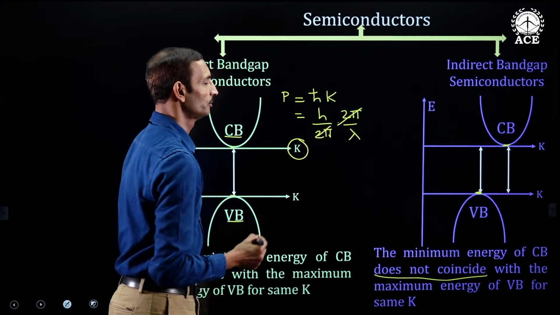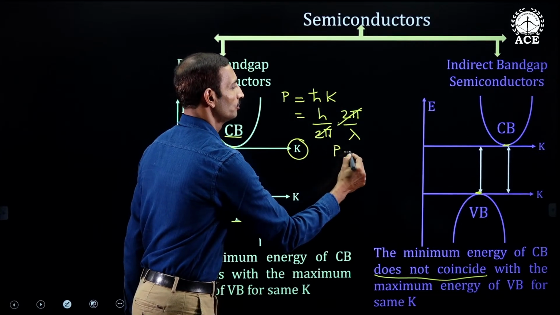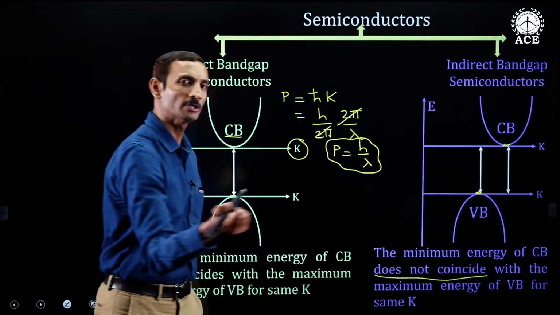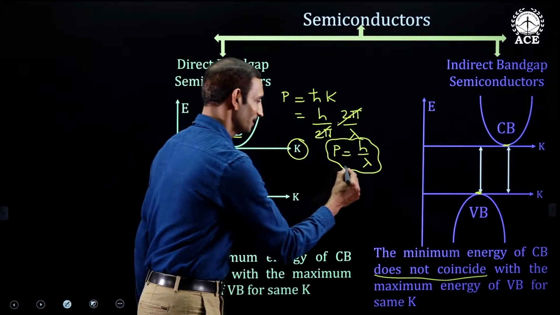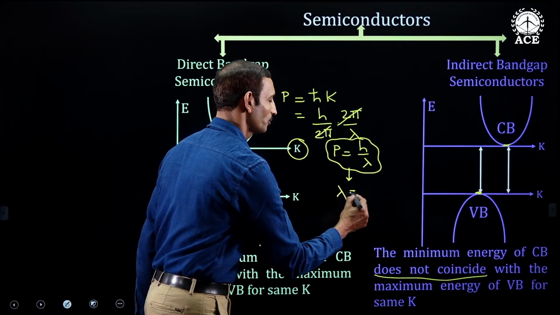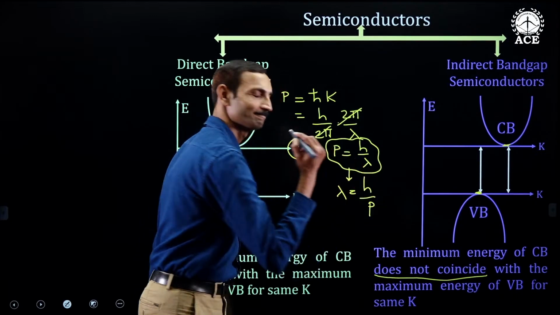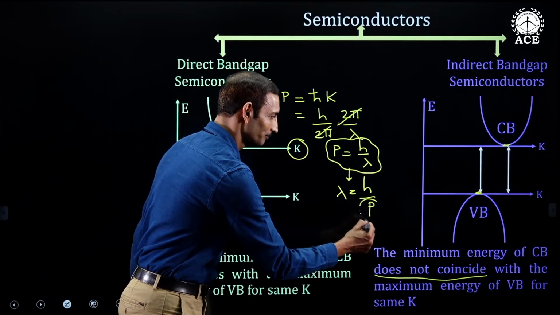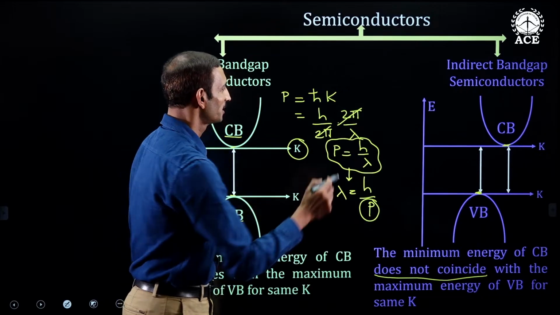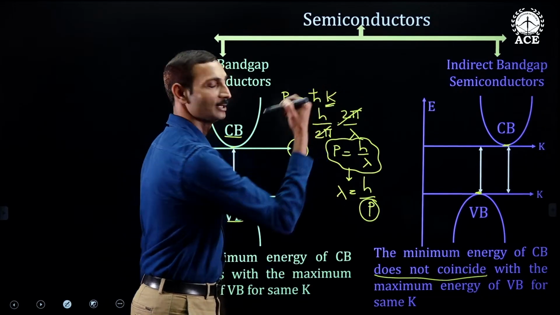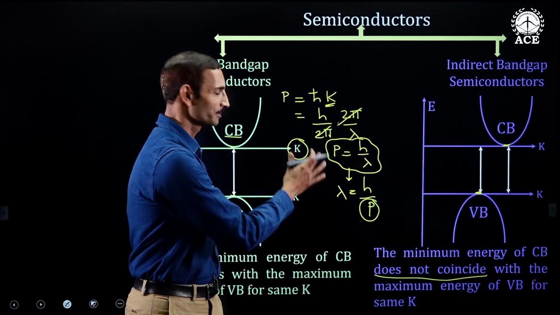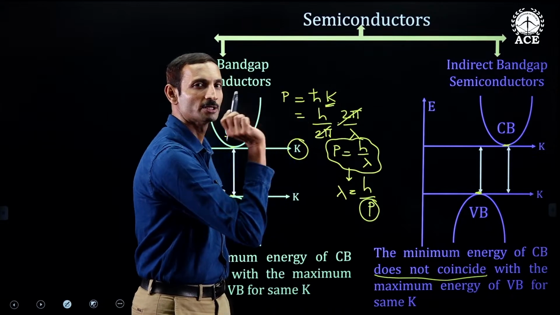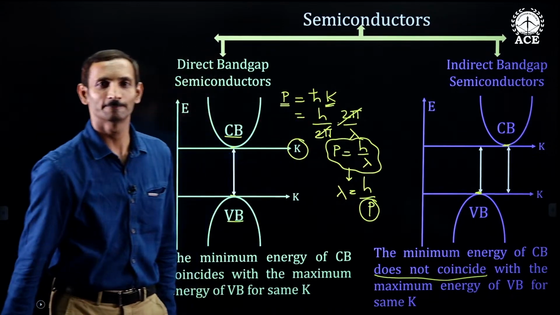When you cancel these two, you are left with P equal to h by lambda, which is de Broglie's equation. This has come from lambda equal to h by P. So the momentum of the particle is related to k by this entire process. So you can call that k the crystal momentum since it decides the momentum of the particle, right?